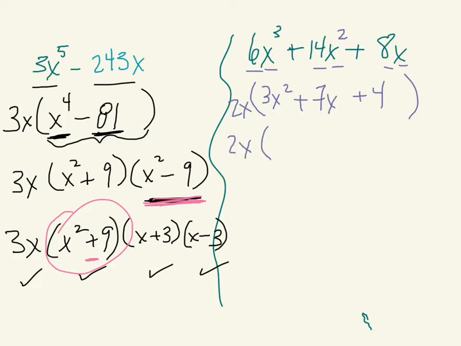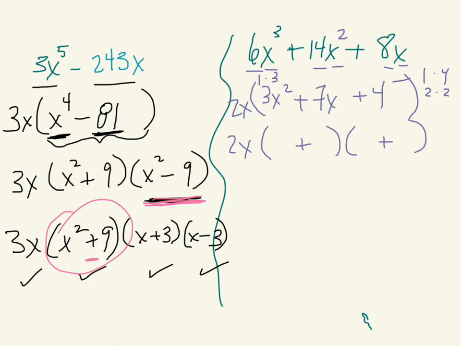Okay, so now we're going to try to factor this thing right here. This breaks into 1x and 3x. This breaks into 1 times 4 and 2 times 2. Signs are both the same. They're both positive. So we've got to find a sum.